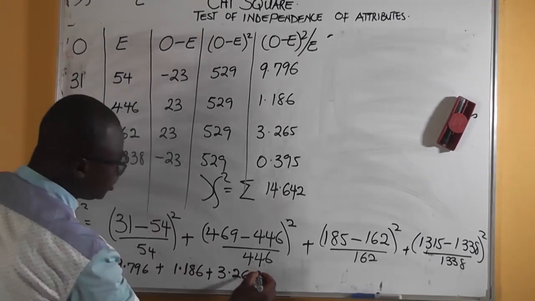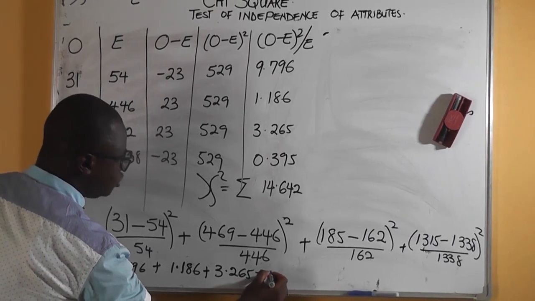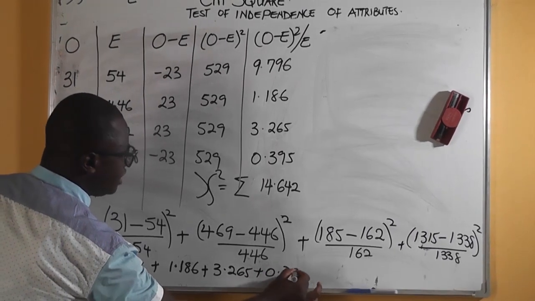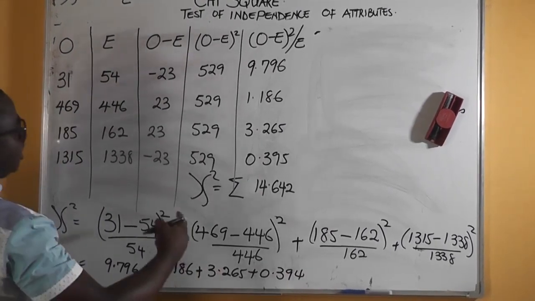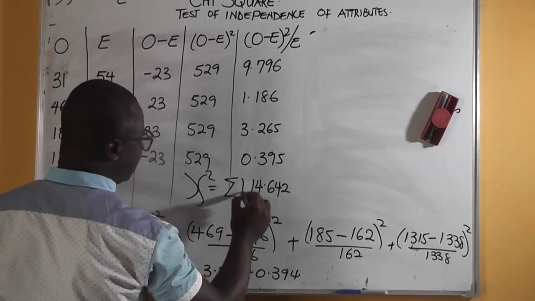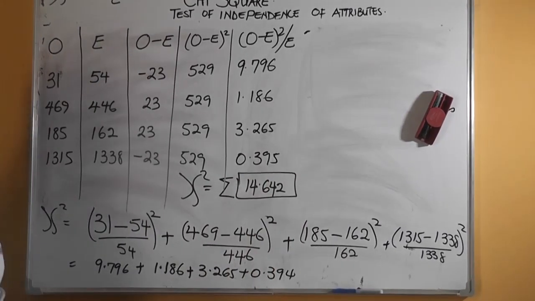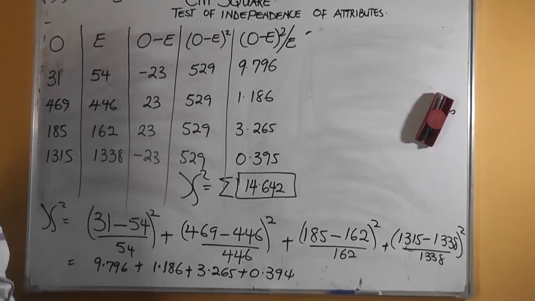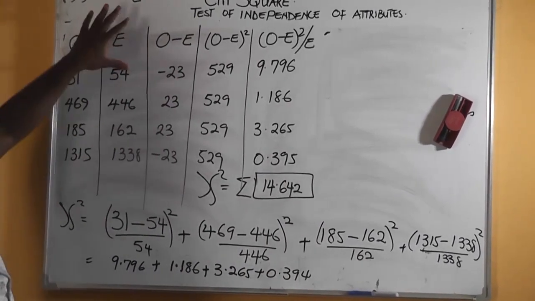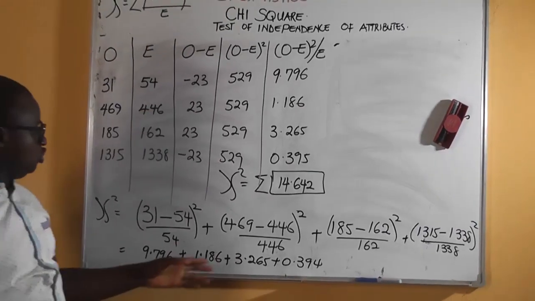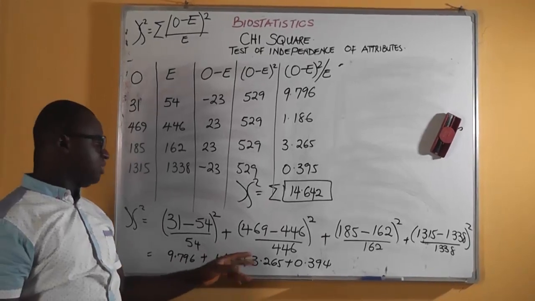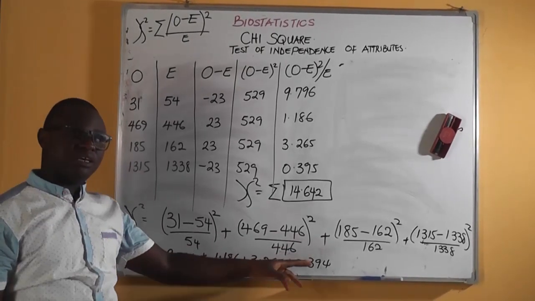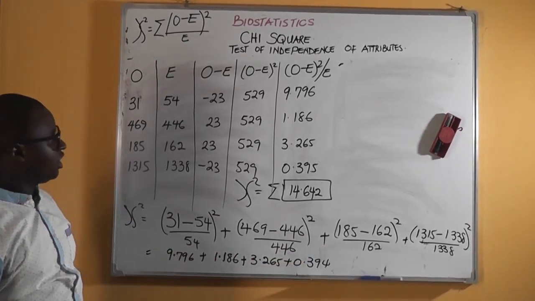Then the last one will give you 0.395. If you add up everything, it's going to give you the same answer as this. So these are the two methods you can use to calculate chi-square. Either use the tabular method or this direct formula method. But as I said, this one can be tricky, because if you make any mistake, it can give you a very, very wrong answer.